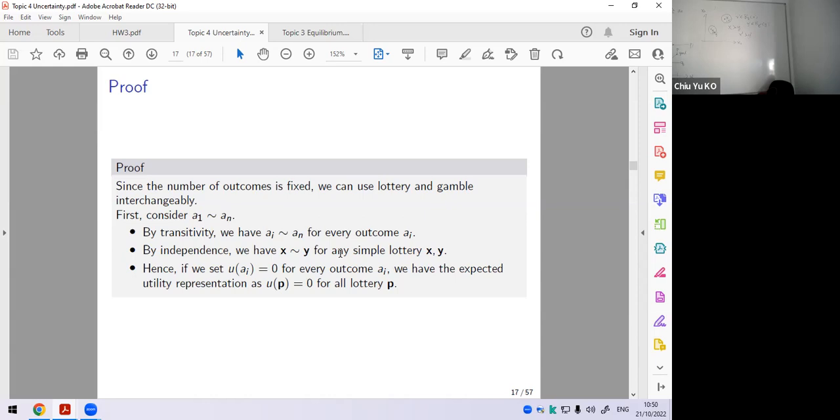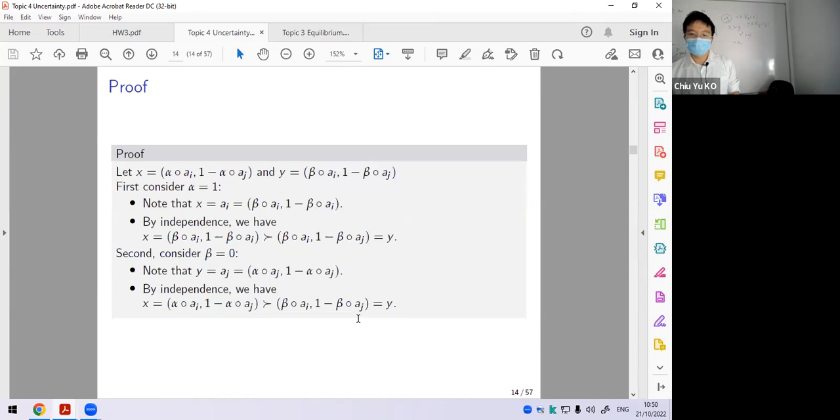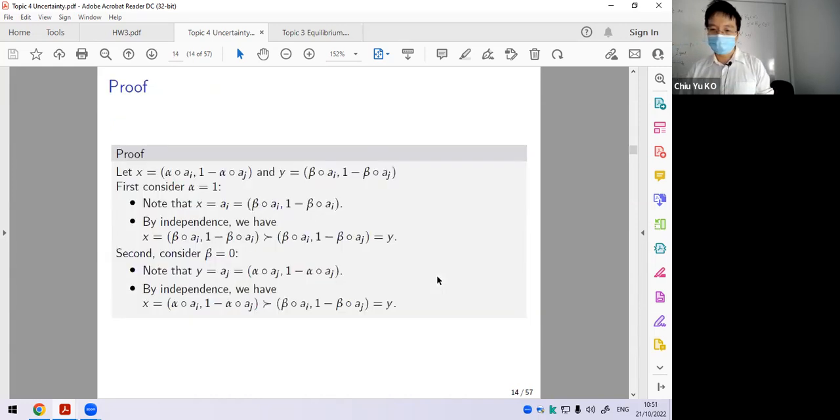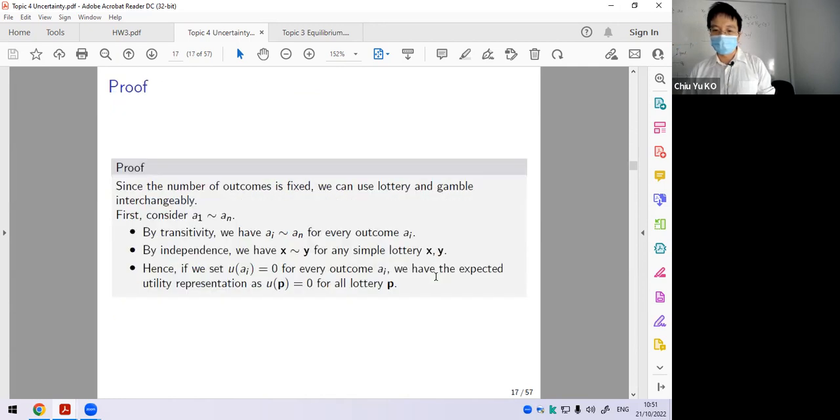So just go back to independence. You start with a lottery with a single outcome, you mix with another outcome, the same thing. You can keep this process and mix with all n outcomes. So that means all possible lotteries would give you the same, because the way you mix is the same, for any simple lottery.